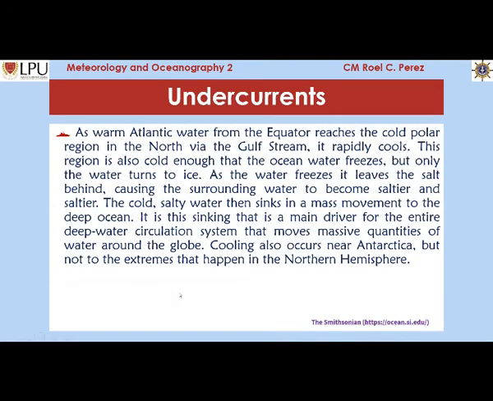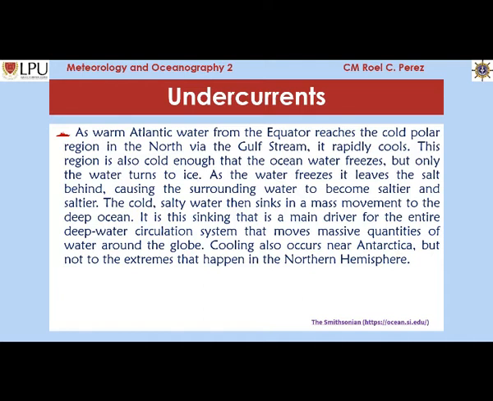As warm Atlantic water from the equator reaches the cold polar region in the north via the Gulf Stream, it rapidly cools. This region is cold enough that the ocean water freezes, but only the water turns to ice. As the water freezes, it leaves the salt behind, causing the surrounding water to become saltier.